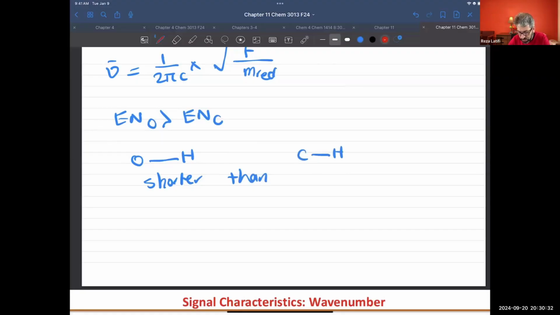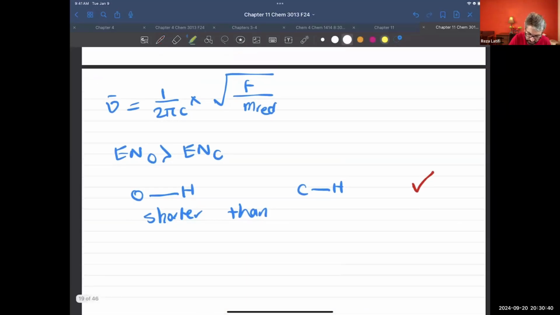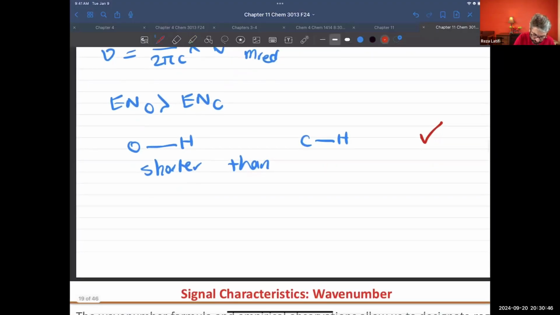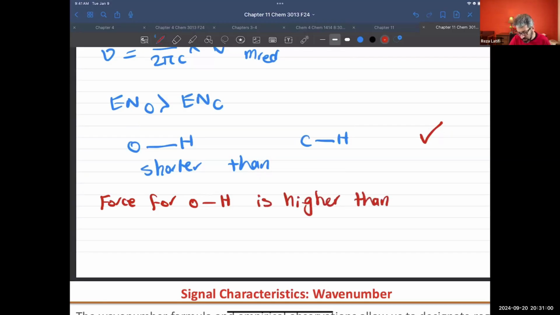And that's true. OH bond is shorter than CH bond. So that means the force for OH is higher than CH.